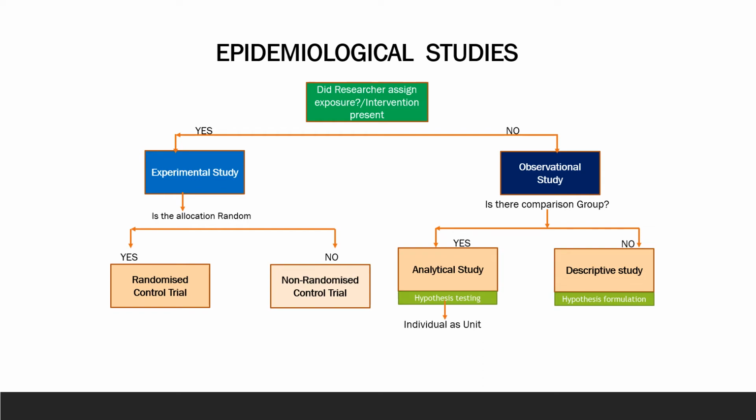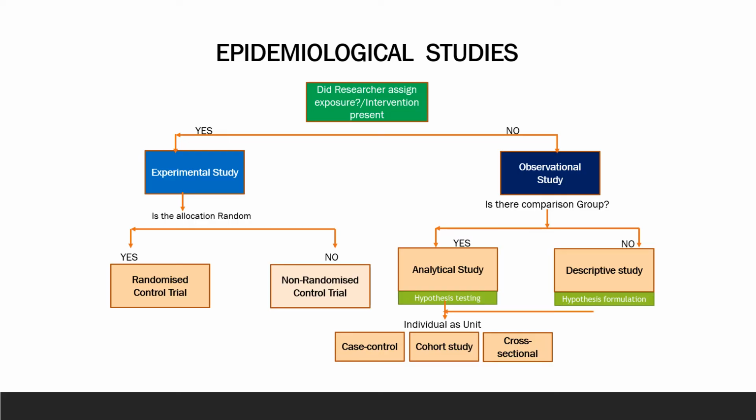In an analytical study, when you are looking at the individual as a unit, you have different types: case control, cohort, and cross-sectional analytical. If the population or a group is the unit, it is called ecological studies.